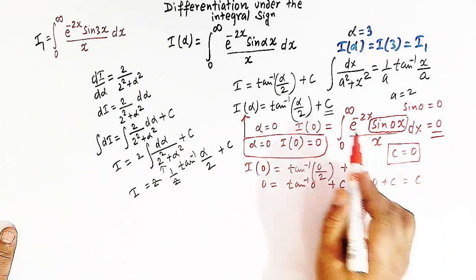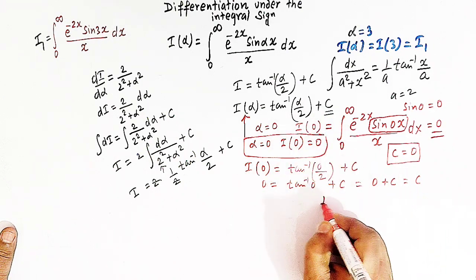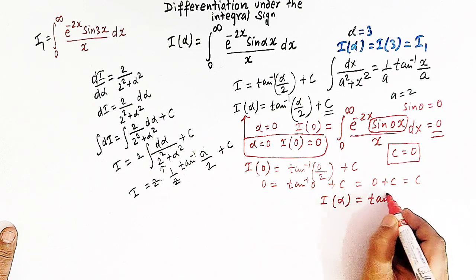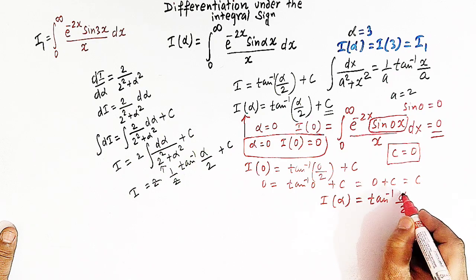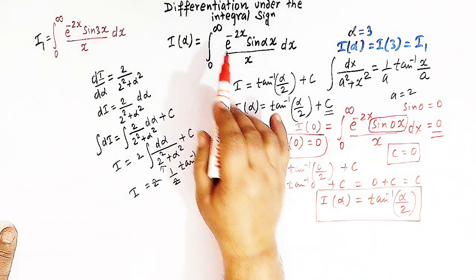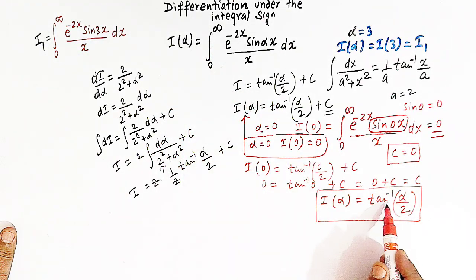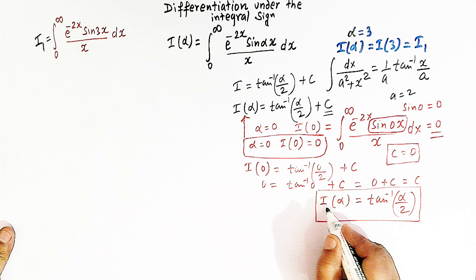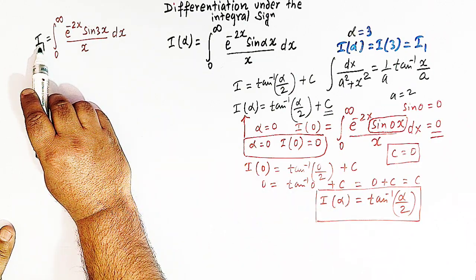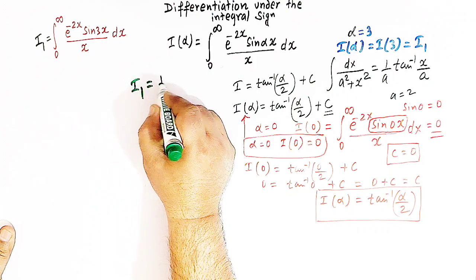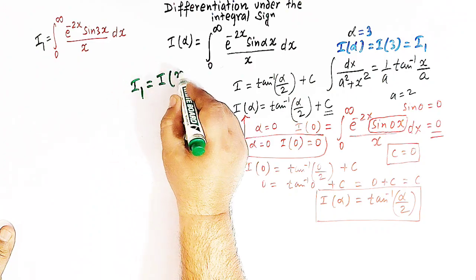So now taking c is equal to 0 over here, we have I of alpha is equal to tan inverse alpha over 2, right? So the value of this integral is equal to tan inverse alpha over 2. So now to get the value of this integral I1, we have I1 is equal to I of 3, right?